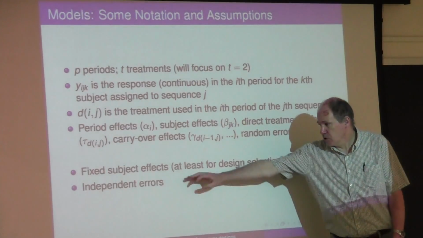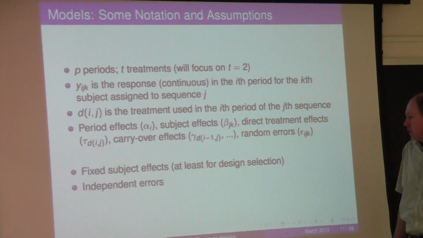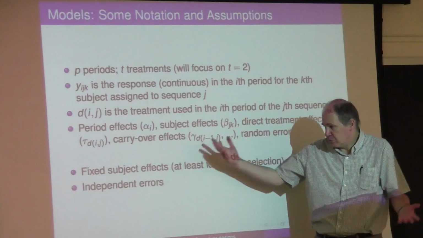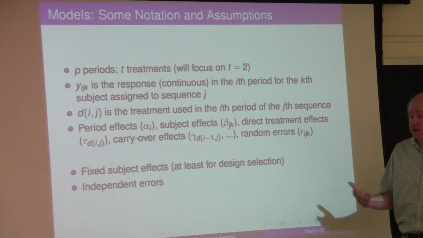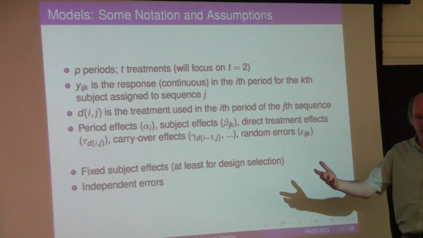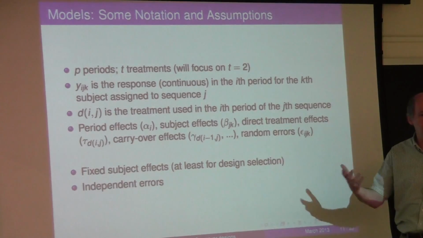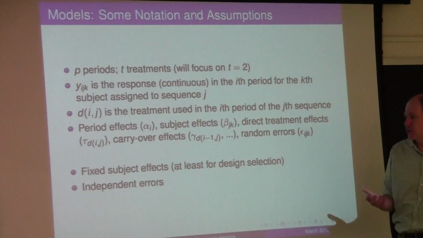And I'm going to assume that my error terms are independent. And that's something that one can certainly criticize, as I have already pointed out, that maybe that's not a realistic assumption. But on the other hand, at the design stage, I don't know what is the realistic assumption, and if independent error is not realistic, then what is it that I should assume?